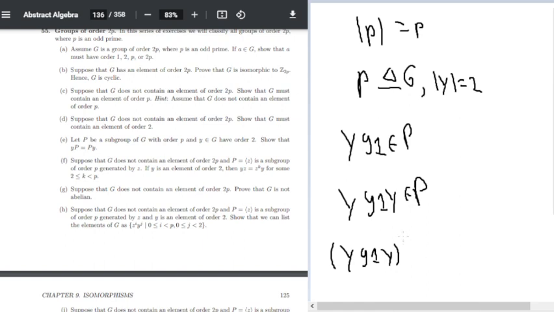So (y g1 y) to the p is going to be y g1 y, y g1 y, and so on, which is going to simplify down to y g1 to the p y, which equals y y, which equals e.